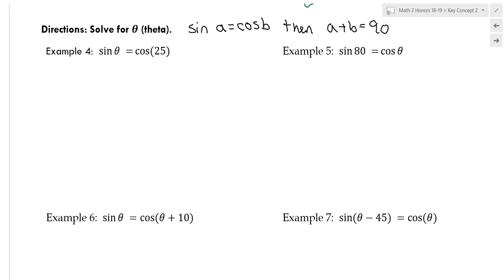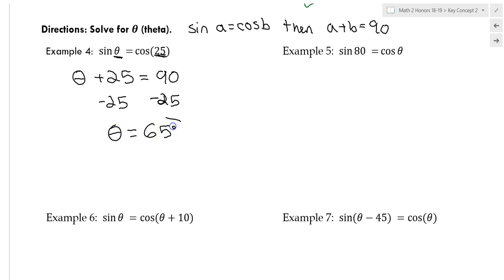So basically in here, I know that this angle and this angle are complementary. So therefore, theta plus 25 has to equal 90 degrees. Thus, I'm just solving for theta. 90 minus 25 is 65 degrees. Nice and easy.